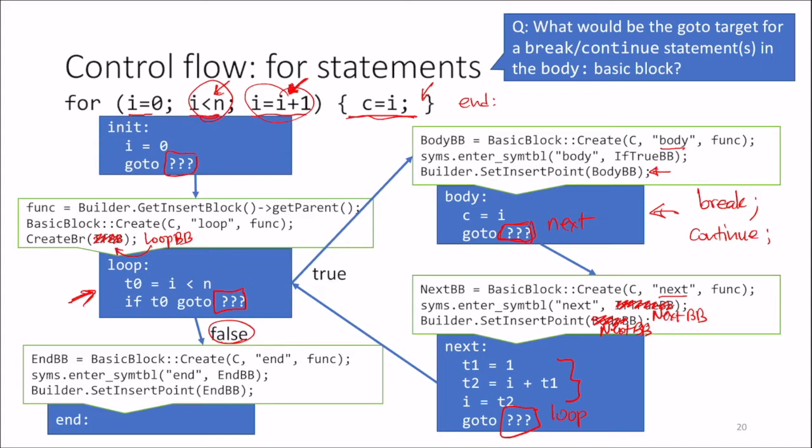So break and continue sort of play with the control flow. Essentially, they were introduced as a way around the goto statement being used in programs. So break and continue help you break out of loops, etc., without having an explicit goto statement. But when it comes to the intermediate representation, we still do need to generate the goto statement.